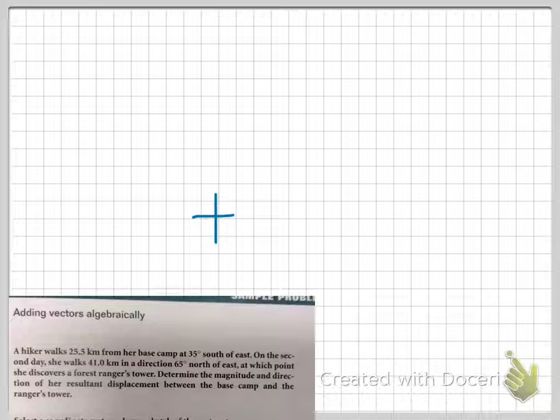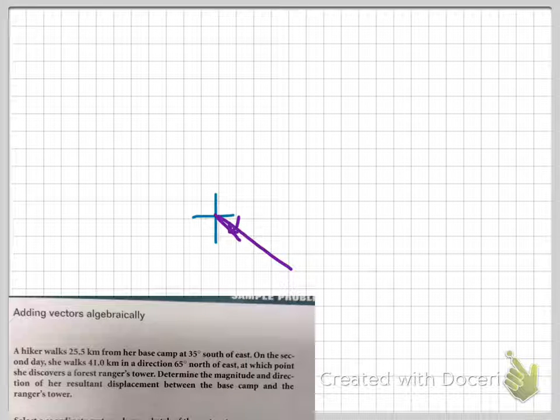Okay? So 35 south of east, and I'm going to make this purple. So this would be south of east. That would be 45. So I'm going to go just a little shy of 45. That's not much shy, is it? There.